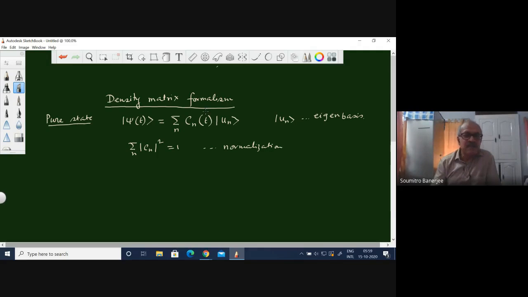And by the way, at this stage, let me clarify one thing. The mod Cn square is a probability of observing the nth state. So nth state means, if it is a collection of energy eigenfunctions, the nth energy value.